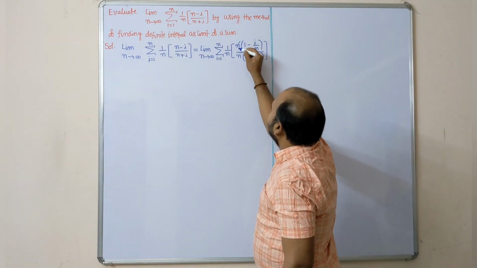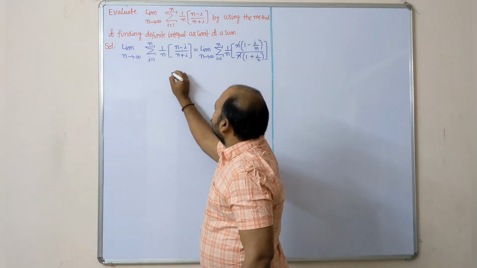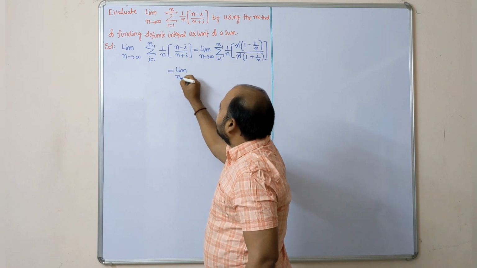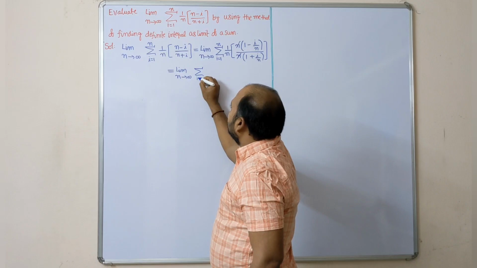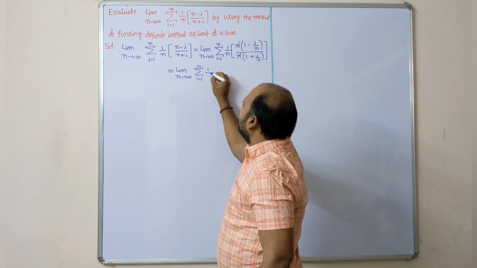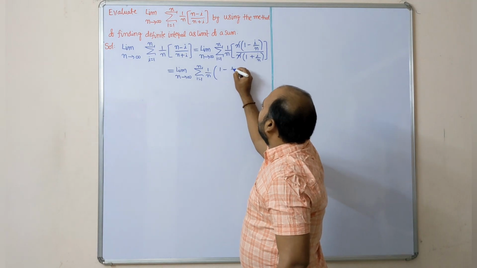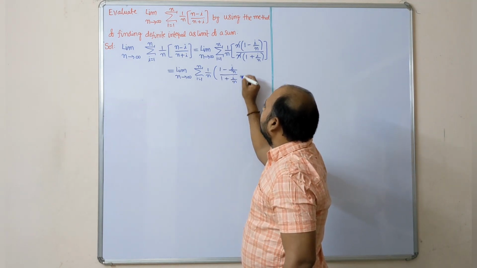So here n gets cancelled, which is equal to limit n tends to infinity, sigma i is equal to 1 to n, 1 by n, 1 minus i by n by 1 plus i by n.